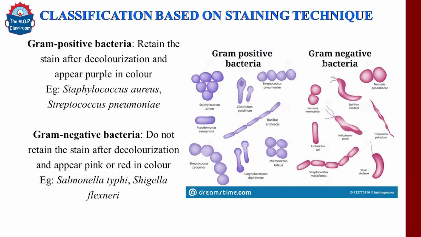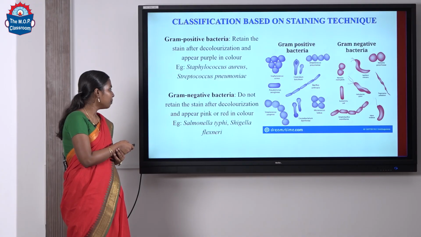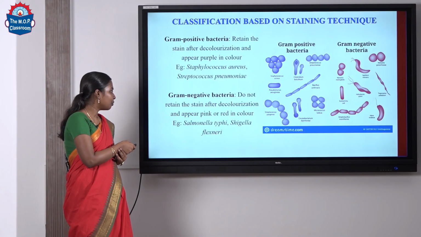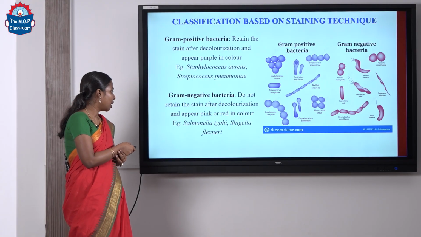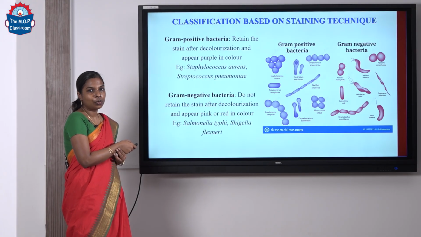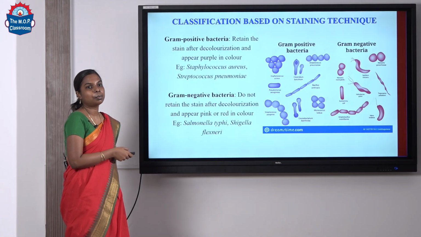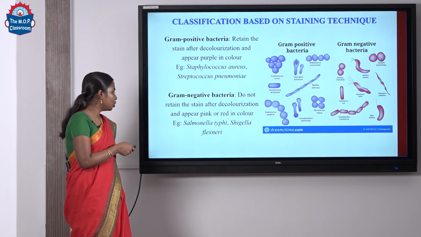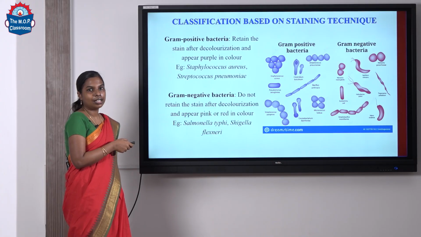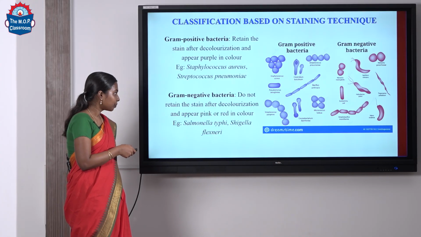Examples of gram positive bacteria include Staphylococcus aureus and Streptococcus pneumoniae, whereas Salmonella typhi and Shigella flexneri come under gram negative bacteria. Salmonella typhi, we all know, is the bacterial strain responsible for causing typhoid fever in human beings, whereas Shigella flexneri causes an infection called shigellosis, which affects the intestine.